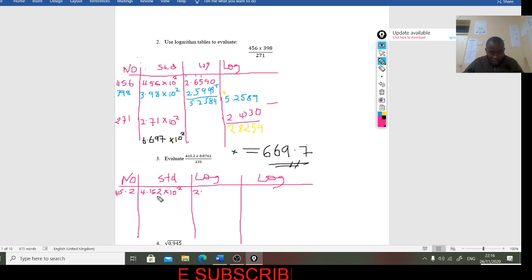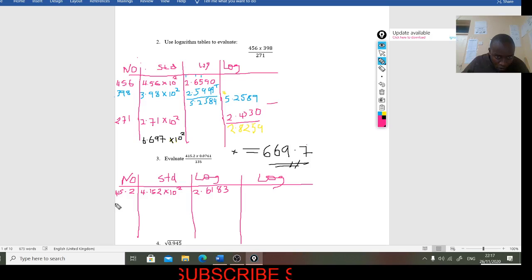So the logarithm of 4.15, then I go to the other side 2, I add, it will give me 6183.